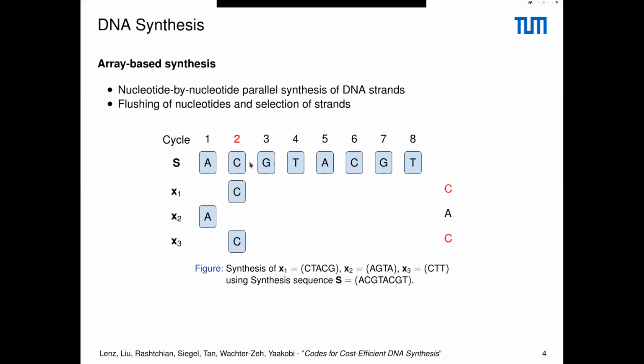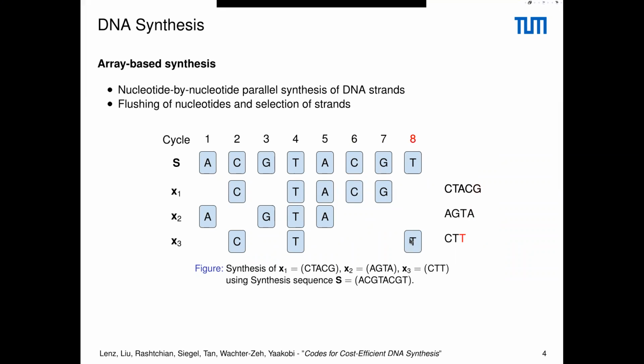Now I continue this process with G. I attach G to the second strand. Now I attach T to all of the 3 strands. Next, I attach A to the first 2 strands. Then I attach a C only to the first strand. Then a G only to the first strand. And finally, a T only to the last strand.